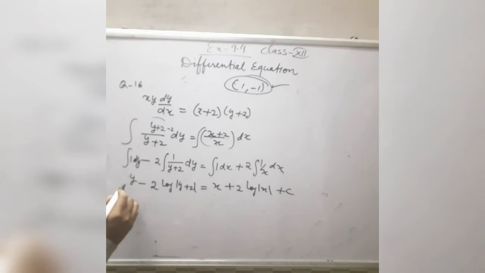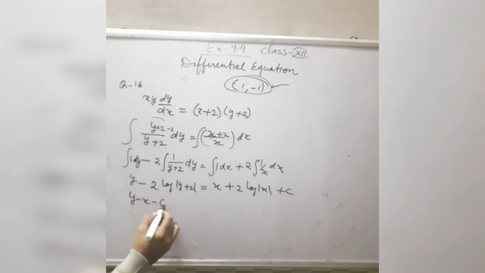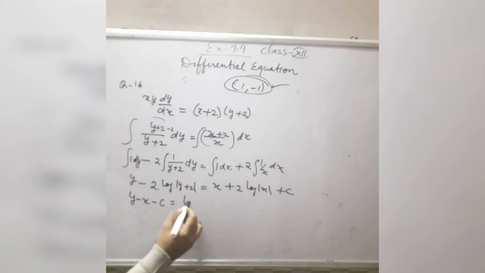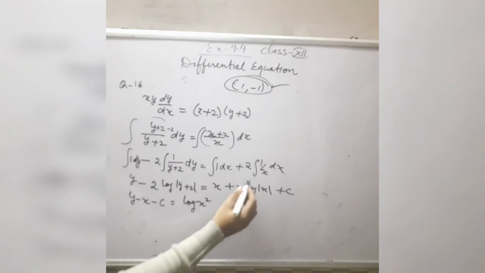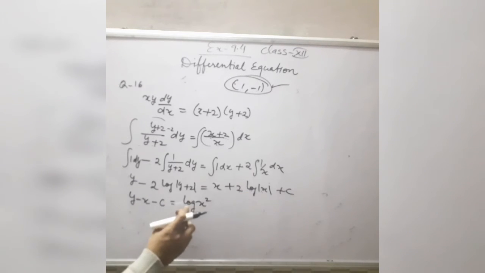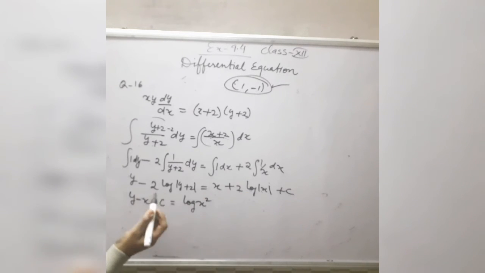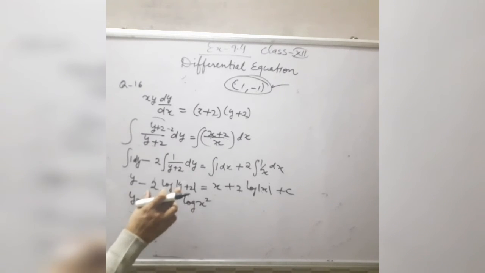This can be written as y, and x comes on this side, y minus x minus c, equal to log. This 2 you can take common in the power, because log m raised to power n is equal to n log m. By using this formula, 2 log x can be written as log x square. Similarly, log y plus 2 becomes log of y plus 2 whole square, and this term is negative.